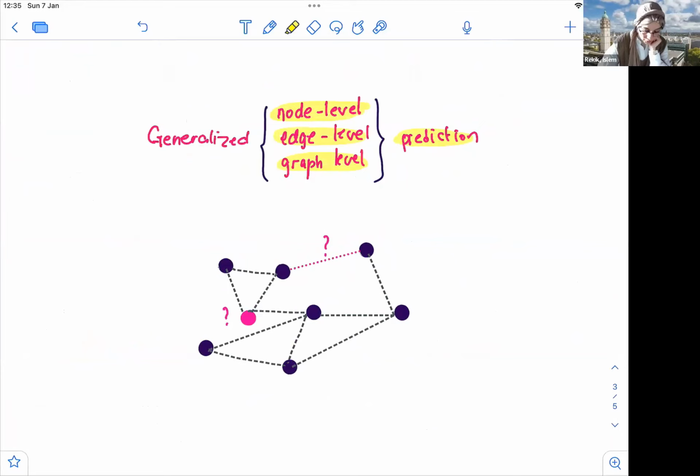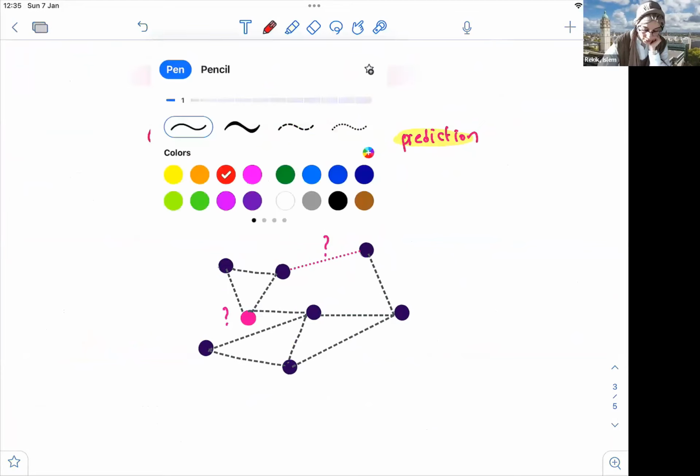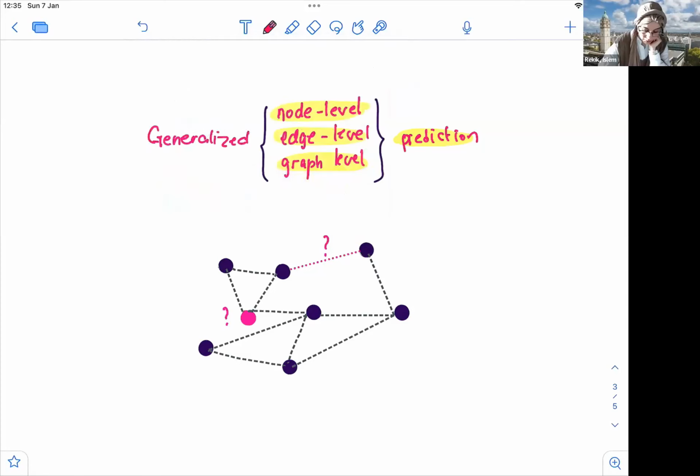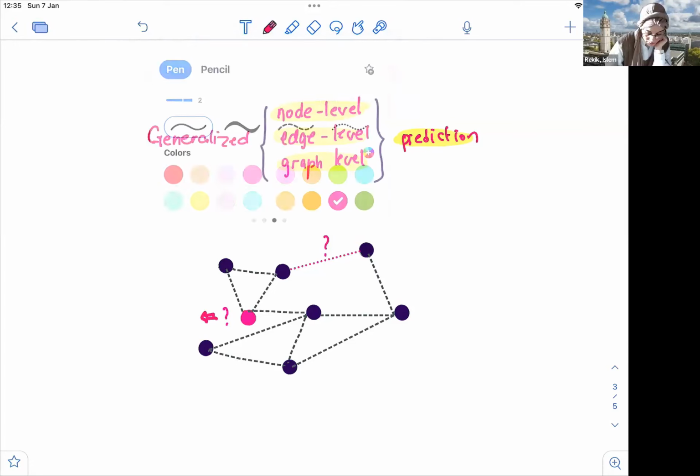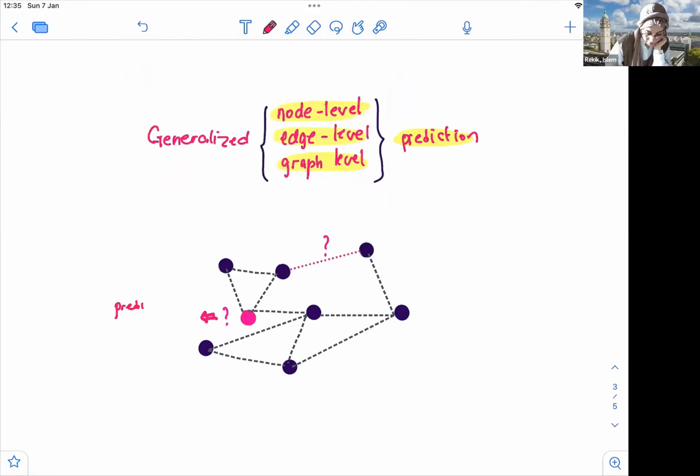For example, for node level prediction, we have a node, and what we want to do is predict the label of the node. If it's a classification problem, we predict the label, which means we're doing classification. If we're predicting a score, then this is a regression problem.